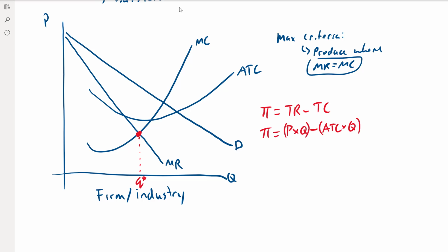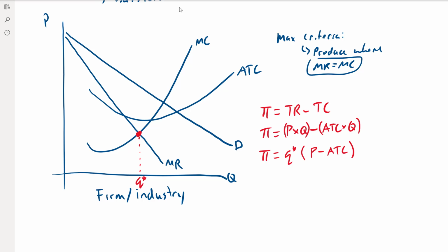If we take the average cost per unit, multiply it by how much we're producing, we're going to get the total cost. So if we collect this term out here, let's call it, in this case, Q star, since that's how we've labeled it on our graph. This is the area we're going to draw on the graph.